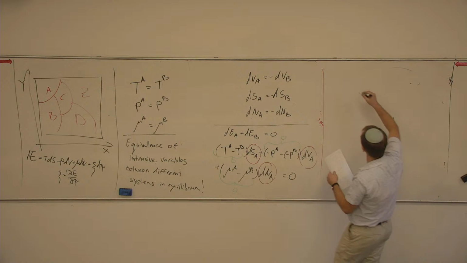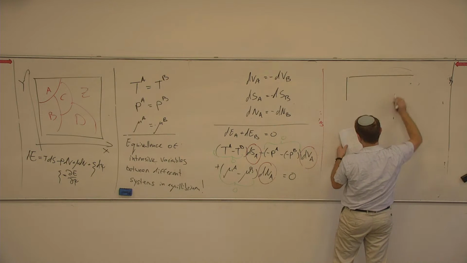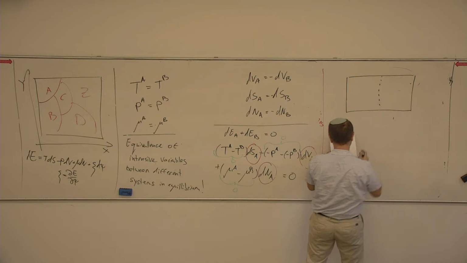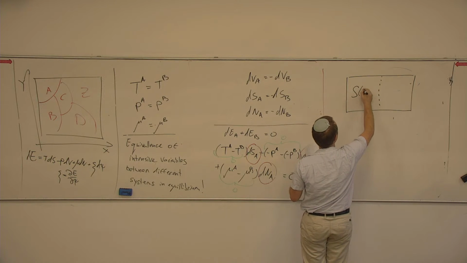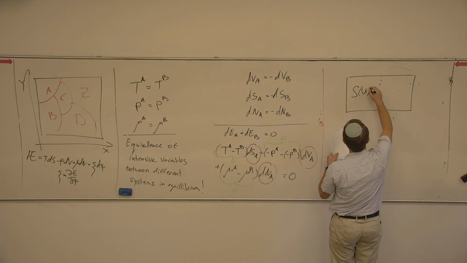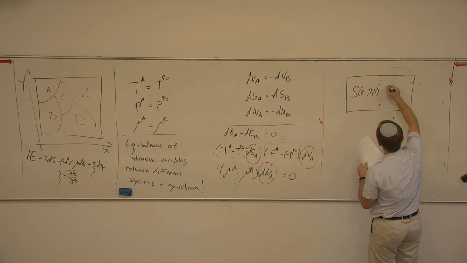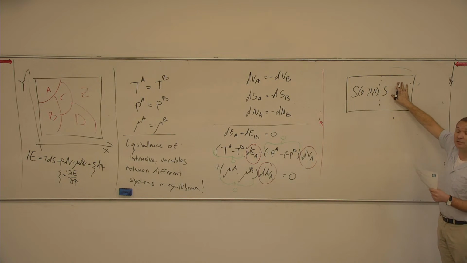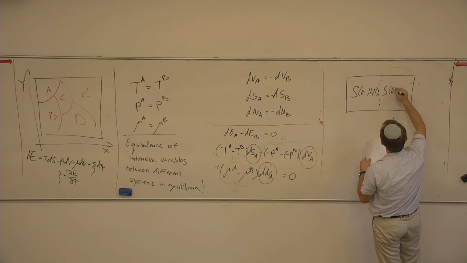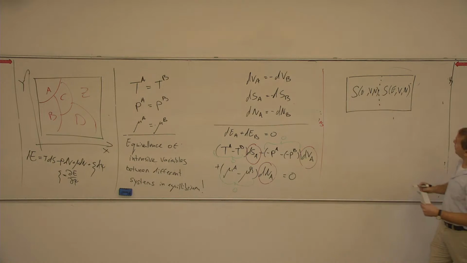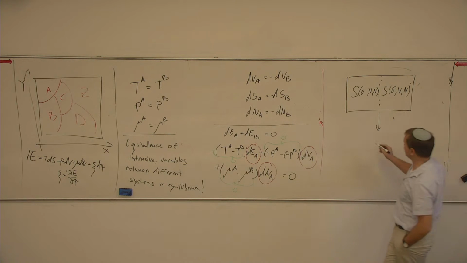Okay, so let's assume that we had two systems, S of U, V, and N. This is energy. And exactly the same system on the right-hand side. So those two systems are identical: S, E, V, and N. Now, I'm modifying my system a little bit.